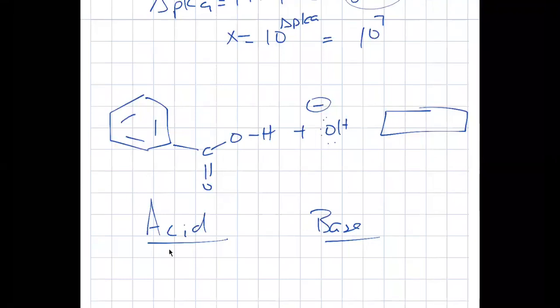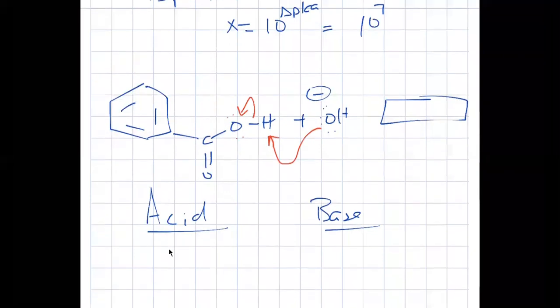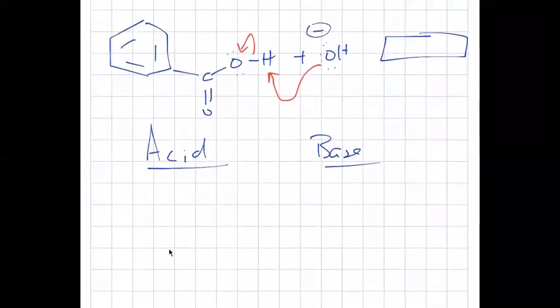So when I put the electrons in, boom, this is coming right here and attacking this proton, right? And then I'm breaking the OH bond, like so. Are y'all following that? So what do I get on the other side of the reaction? I get H2O. Is that right? That's my conjugate acid.